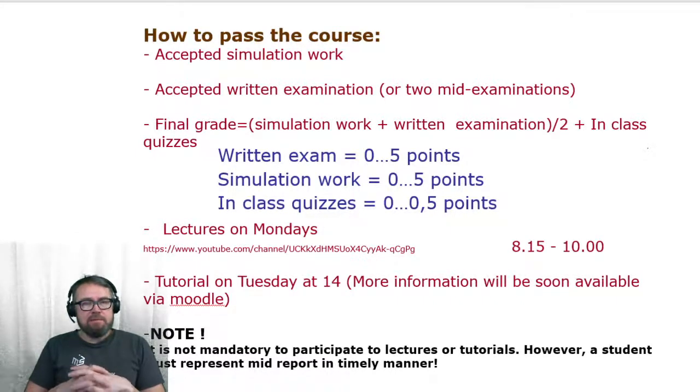And like mentioned, they are equally important. So with an accepted simulation work and an accepted written exam, the final grade will be computed as the average of the simulation work and the written examination. So simulation work plus written examination divided by 2, that's the way to go.